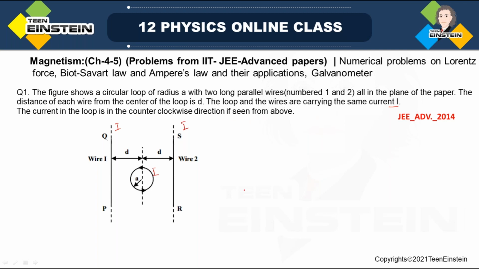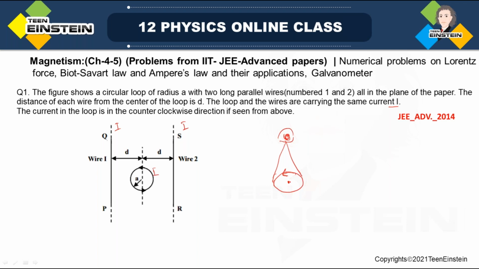Suppose you have this loop and you are seeing it from the top. This loop is in the plane of the paper, so you are looking from here. If you look from above, the current is in the anti-clockwise direction.